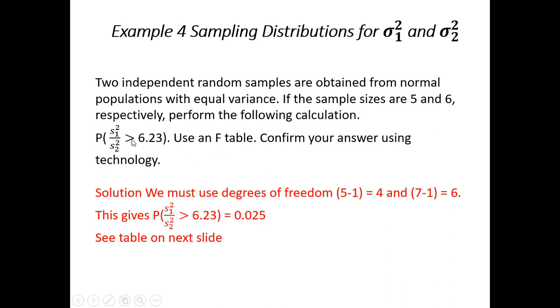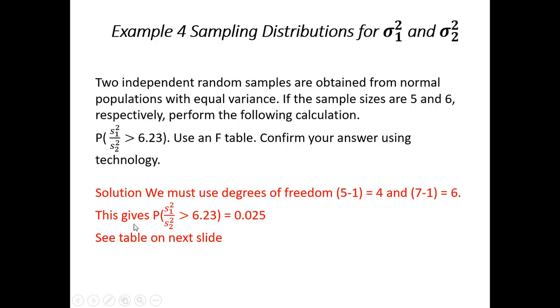We want to know the probability the ratio of the 2 variances is greater than 6.23. Let's use an F table and confirm the answer using technology. Okay, so we must use degrees of freedom equal to 4. We get 5 minus 1, and this value that's supposed to be a 7, 7 minus 1 is 6.